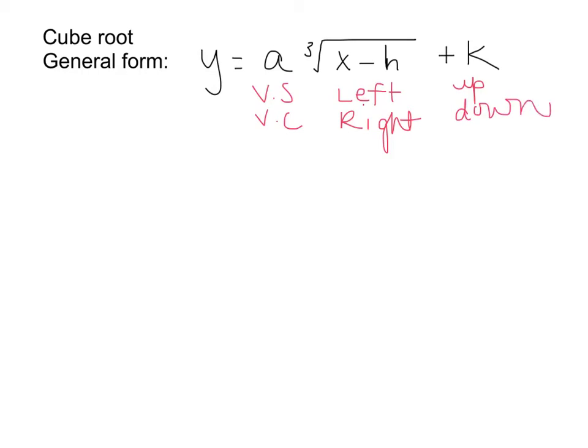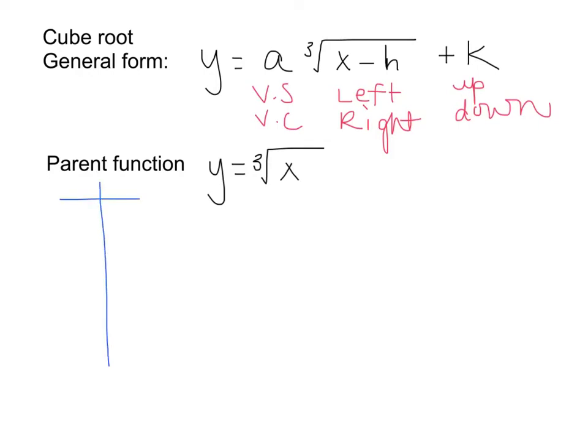So let's look at what the parent function looks like. The parent function is y equals the cube root of x. If you think about cube roots, you can plug in negative and positive numbers, and I'm just going to pick numbers that are perfect cubes. So -8 is a perfect cube, -1 is, 0 is, 1 is, and 8 is again. The cube root of -8 gives me -2, the cube root of -1 is -1, the cube root of 0 is 0, the cube root of 1 is 1, the cube root of 8 is 2.